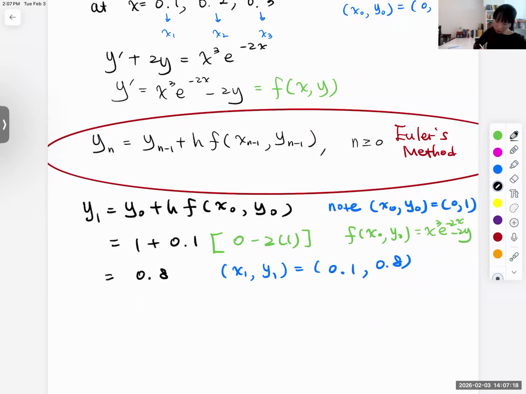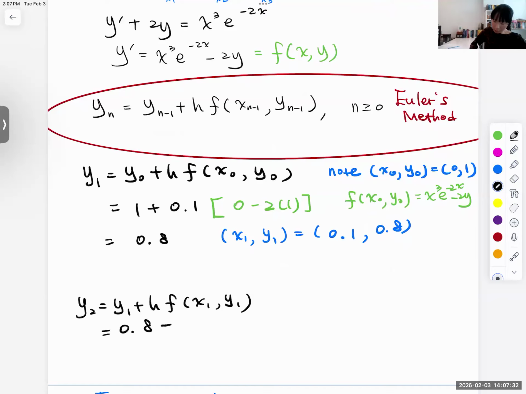Next. So y sub 2 equals y sub 1 plus h f of x sub 1, y sub 1. Equal to y sub 1 from previously, we have 0.8, plus the step size 0.1 and f of x sub 1, which is 0.1, so 0.1 to the third power e to the negative 2 times 0.1 minus 2 y sub 1, which is 0.8.